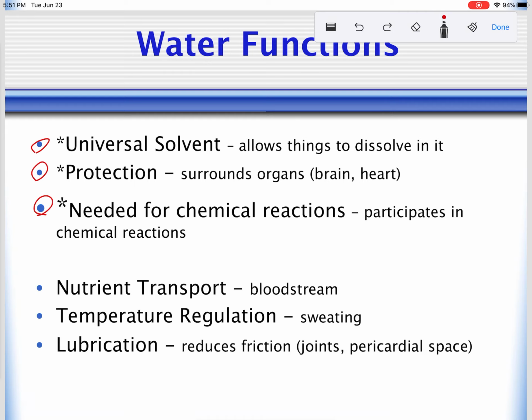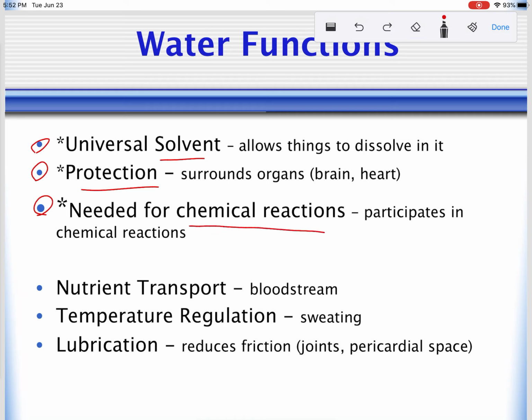One of the things that water does in our body is it acts as a universal solvent. That means it lets things dissolve in it. That's really important. Water helps with protection. We have a layer of water around our brain and our spinal cord. We've got some fluid, some water, between the layers that cover our heart to reduce friction.